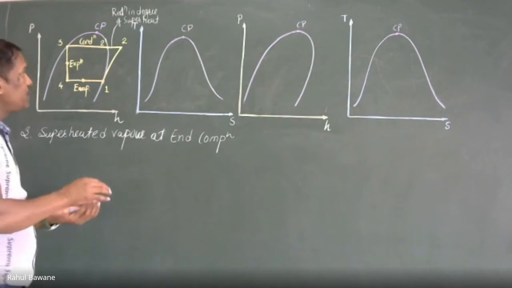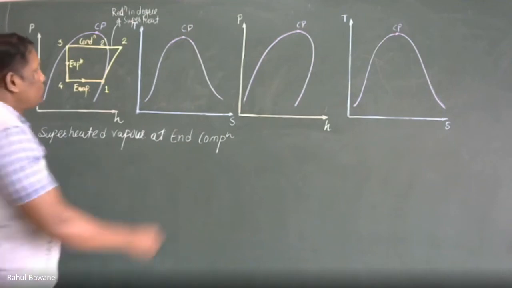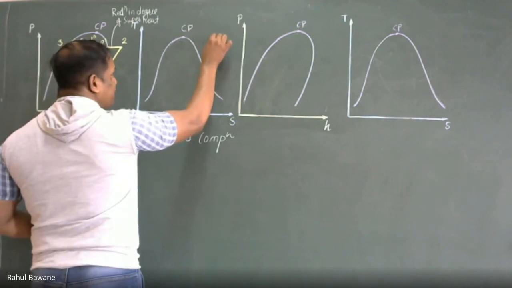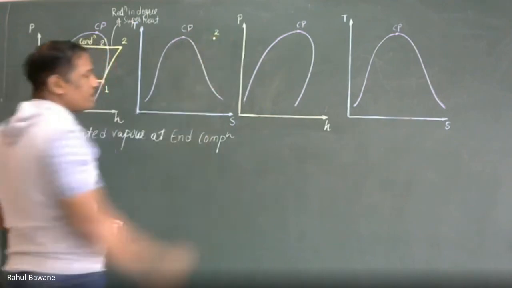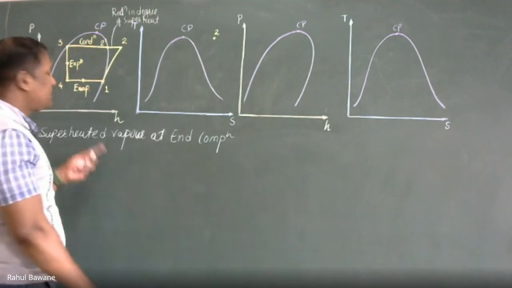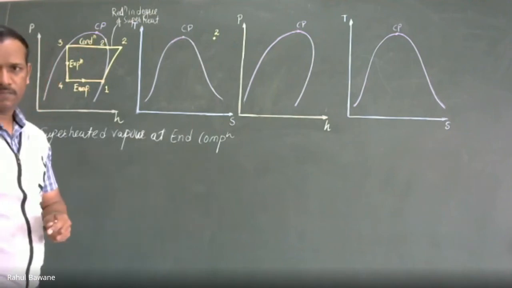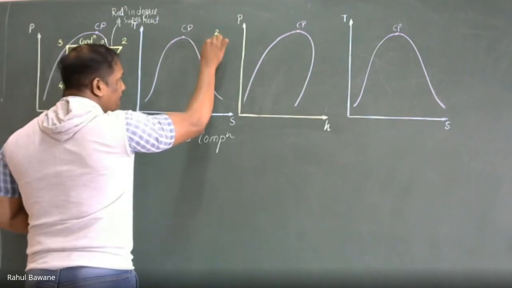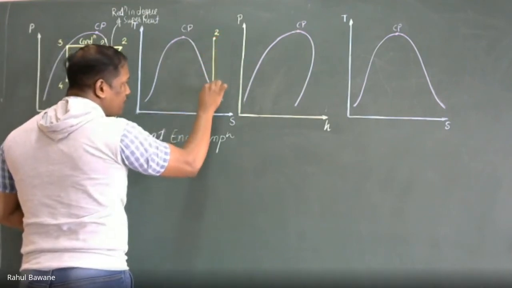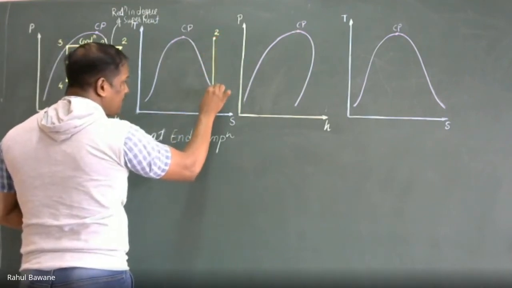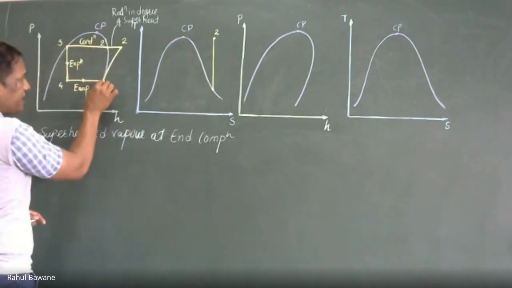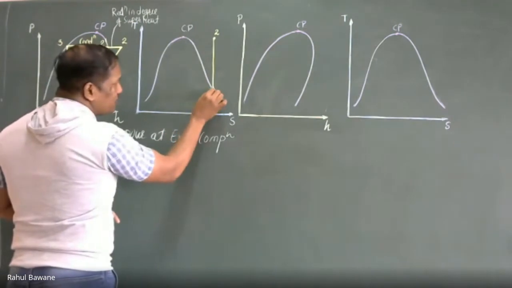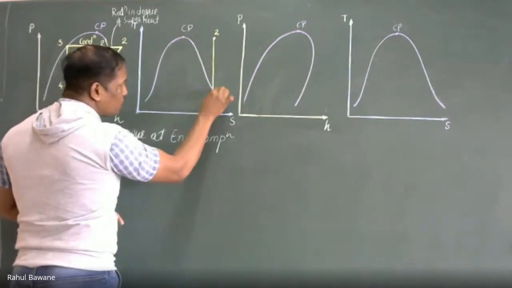If I plot this on a TS diagram, my second point after compression will be in the superheated region. And compression is adiabatic, so I draw a straight vertical line, because in an adiabatic process entropy remains unchanged, and we are considering the intake to the compressor to be dry saturated vapor. So this is my inlet to the compressor point.